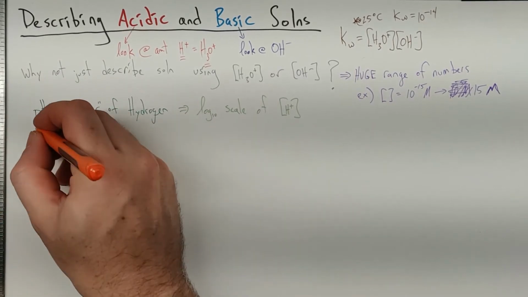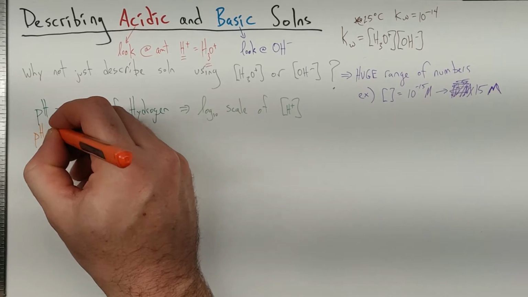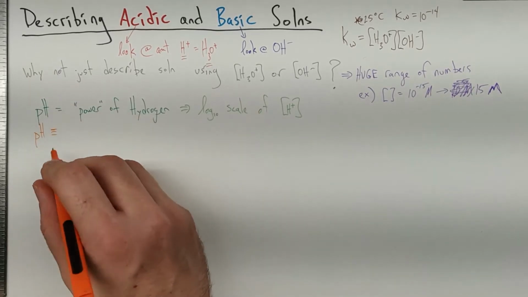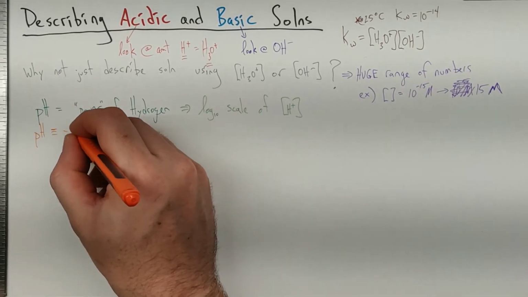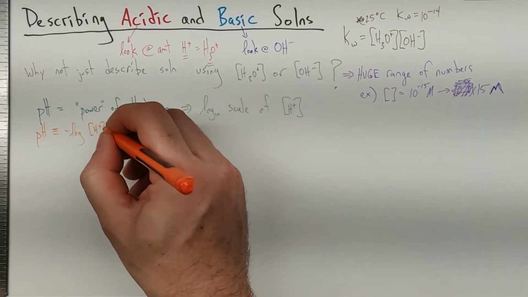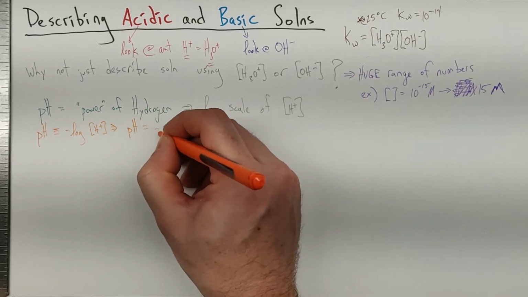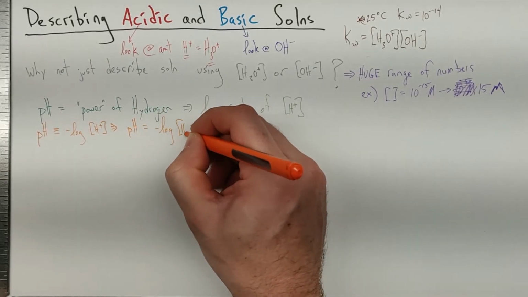And that is where we get our definition from, and I'll write it two different ways. The strict definition you might see is that pH is defined as, and when you see a triple equals sign, that's general notation for is defined as, the negative log of our concentration of H plus. That is the same thing as saying that pH is the negative log of the concentration of H3O plus.